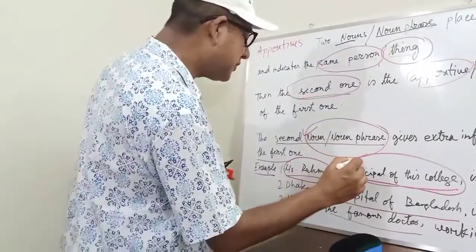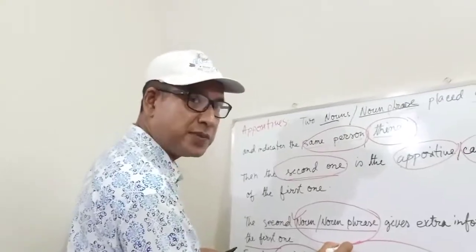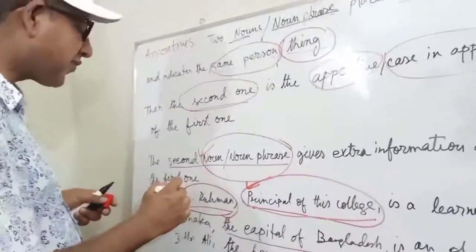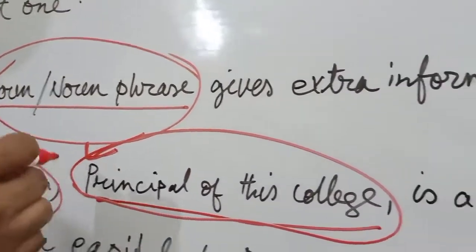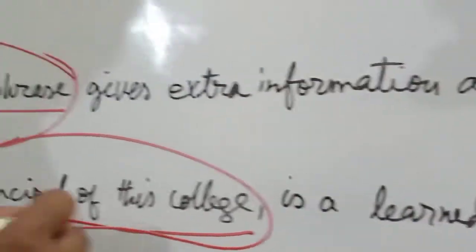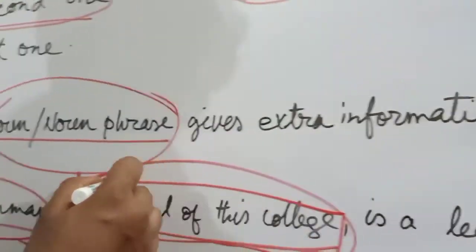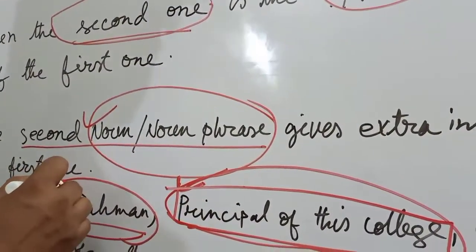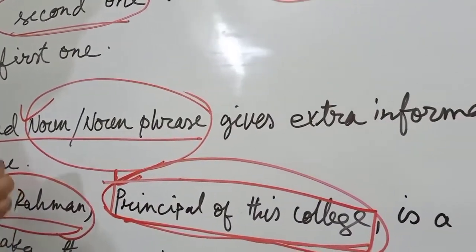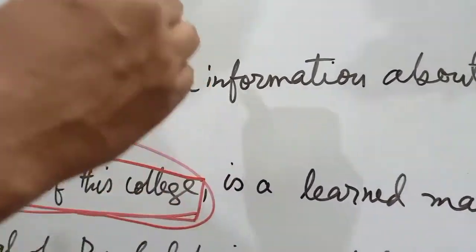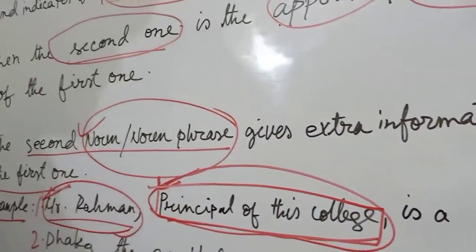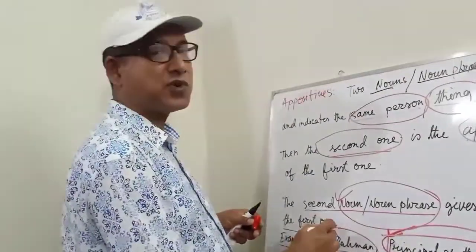This appositive is giving extra information about Mr. Rahman. That is, the phrase principal of this college is modifying Mr. Rahman. So principal of this college is an appositive and used as a post modifier.